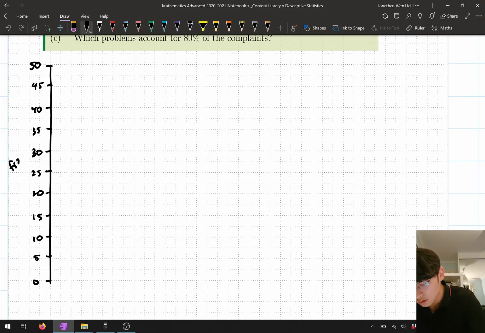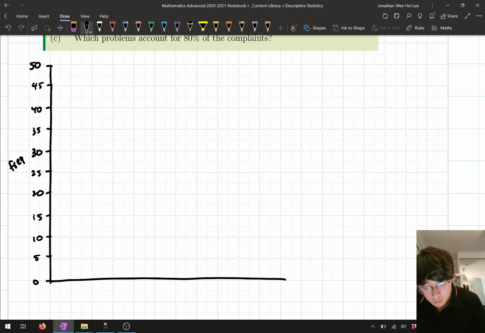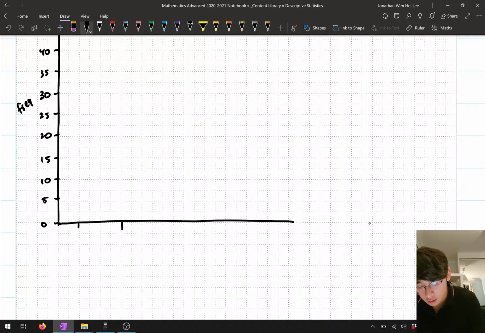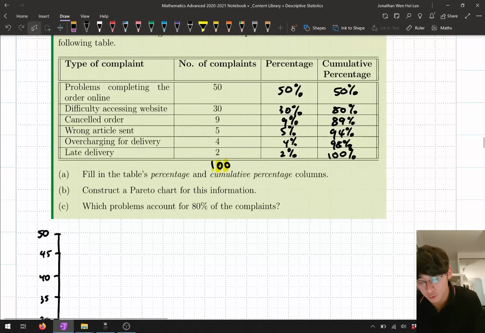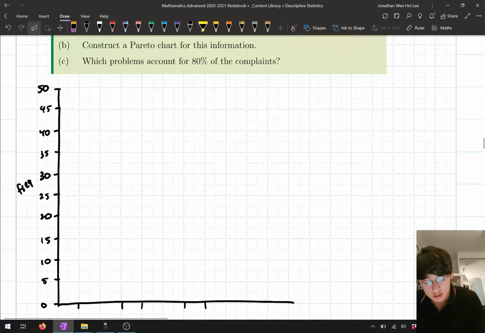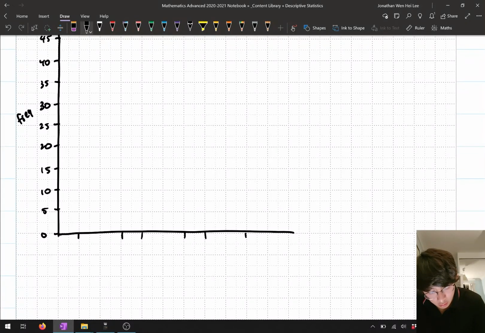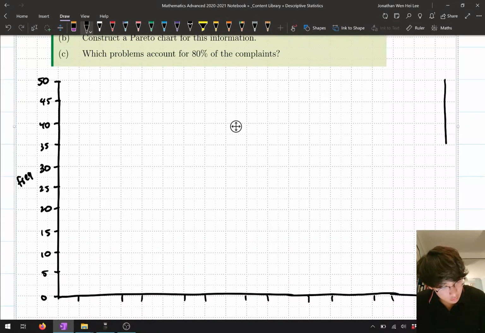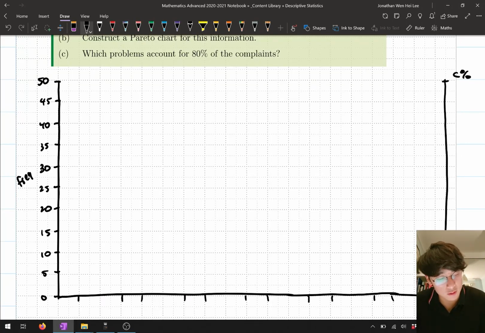So this is our frequency. We're going to leave enough room so we can fit in columns for each one of my reasons. How many complaints do we have? 1, 2, 3, 4, 5, 6. 6 complaints. On the other side, all I need to do is have my cumulative percentage, so I go all the way to 100.